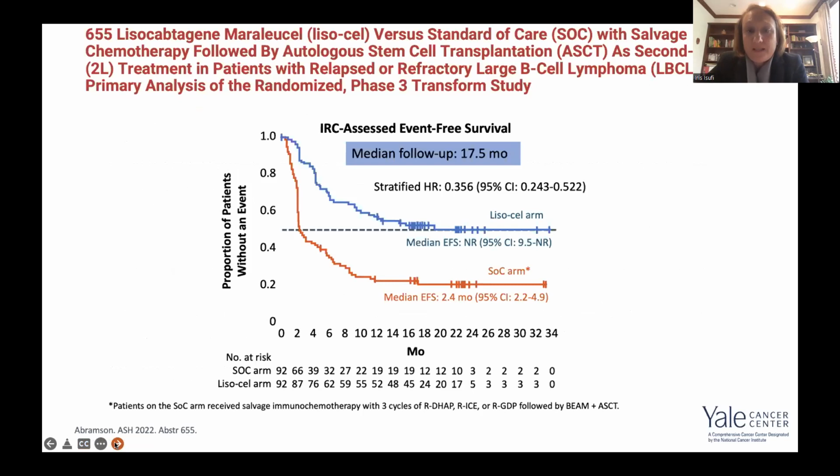So with that median follow-up, you can see here there was a significant improvement in the event-free survival, where the median event-free survival was actually not reached compared to a median event-free survival of only 2.4 months in the standard of care arm with stem cell transplant, with a hazard ratio of 0.35. And this was, for a cell therapy trial, a relatively large trial with about 184 patients, 92 on each arm.